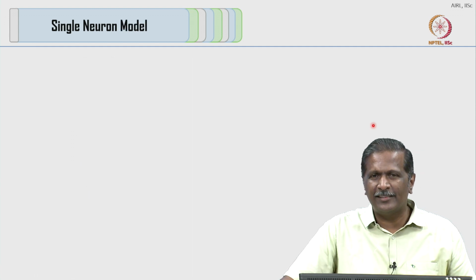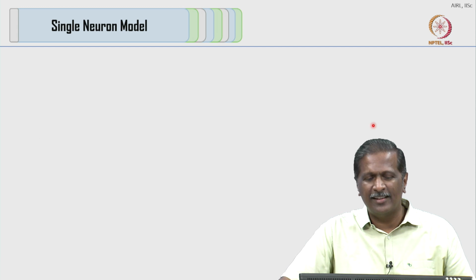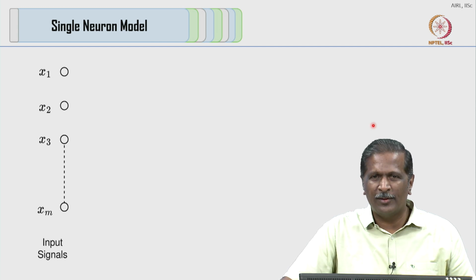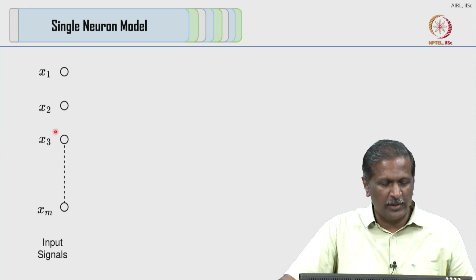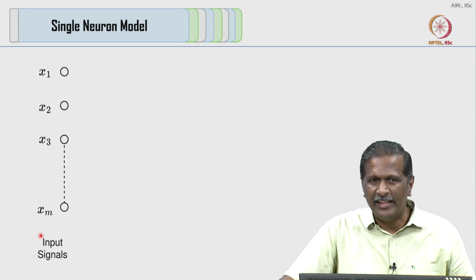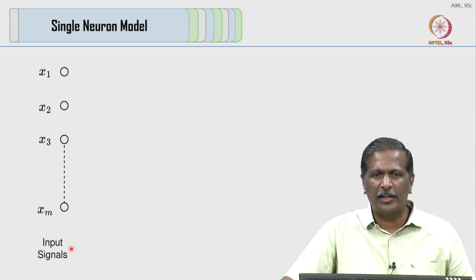Now let us try to represent this in a schematic of a single neuron. X1, X2, X3, up to Xm, m input signals coming from different presynaptic neurons.